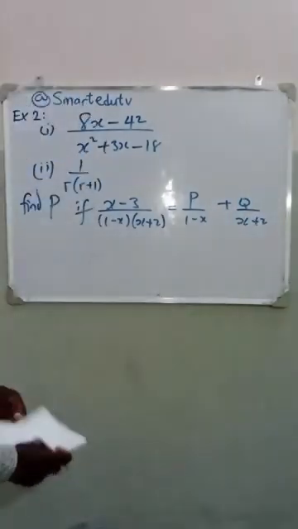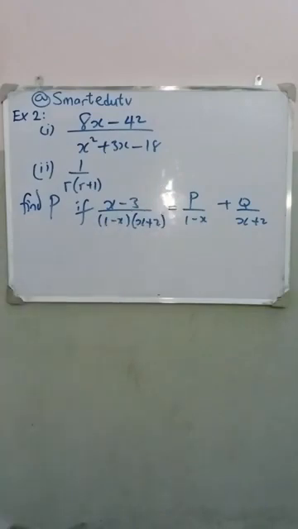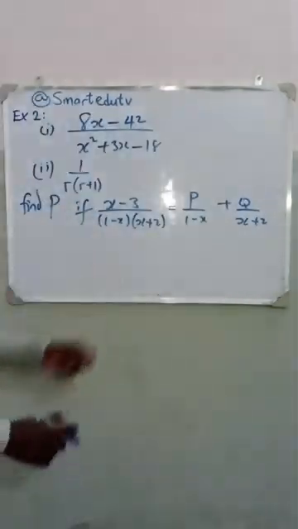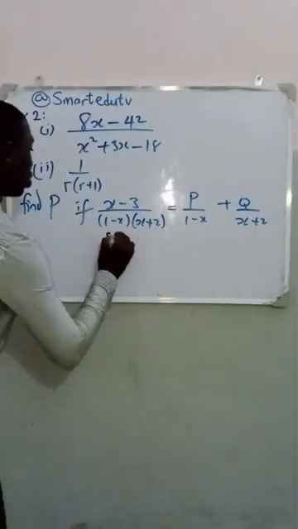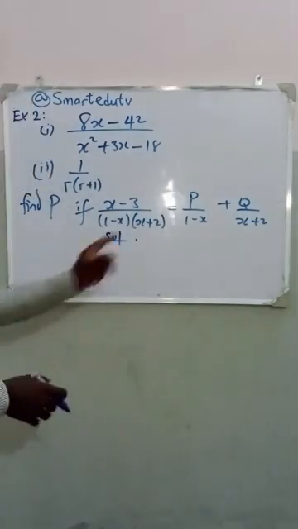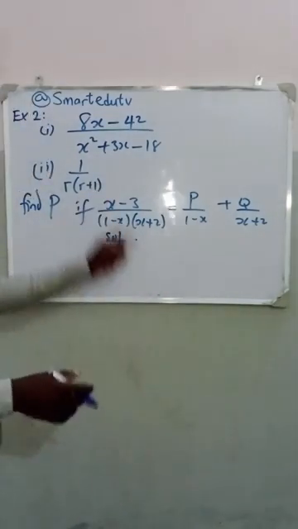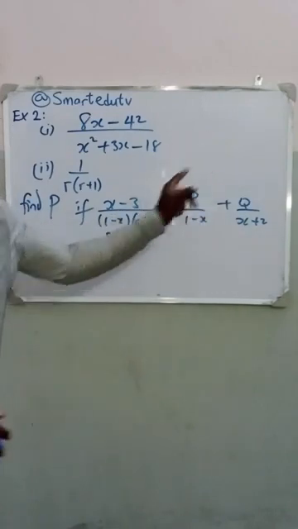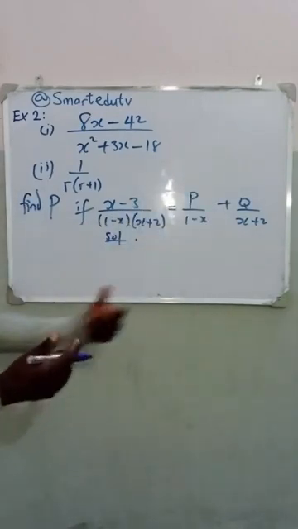We are told to find the value of p. Don't forget, this is also partial fractions with linear factors. That means our p and q are just like a and b. What will be the value of p using Heaviside's method?